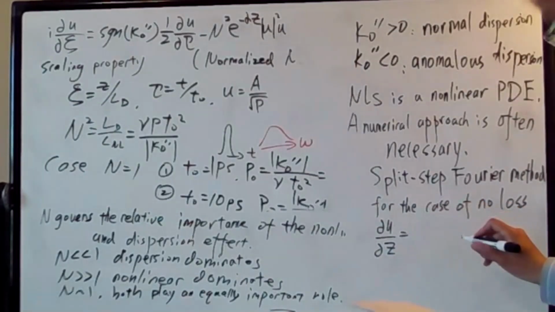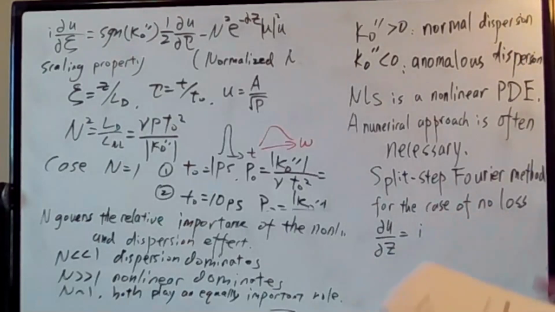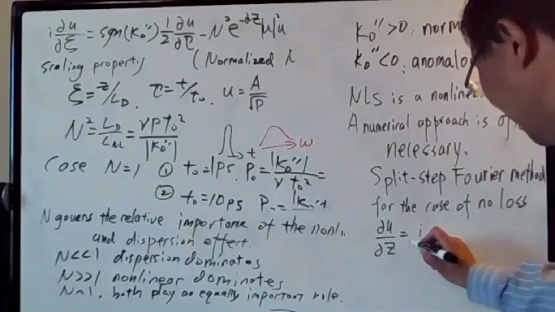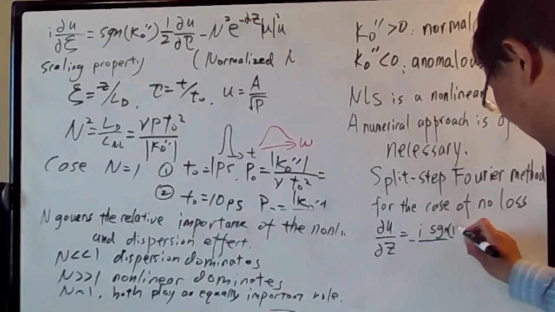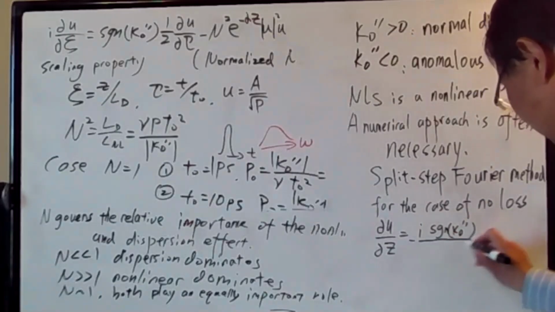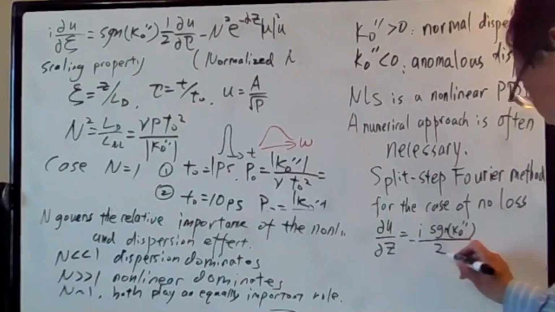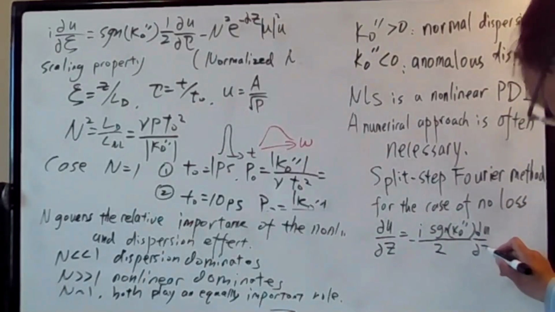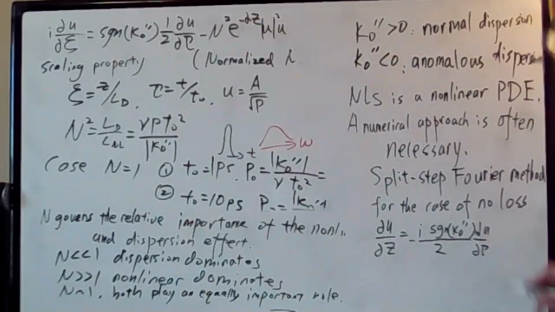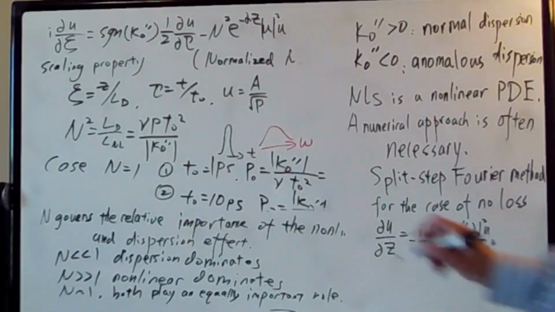I'll move the i to the right hand side, so it's i sgn, the sign, divided by 2, partial u partial tau... sorry, I took it wrong.